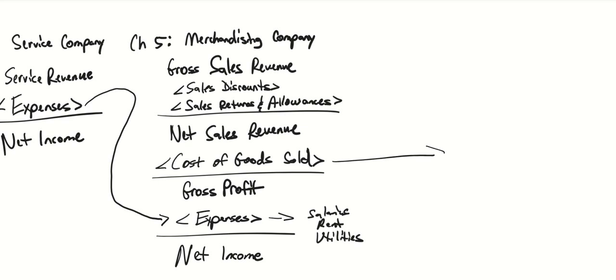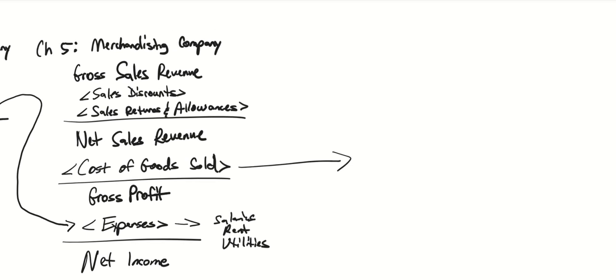Because cost of goods sold is an expense account, but that amount being recorded in the expense account is being transferred from an asset account called merchandise inventory or just inventory. Because when you acquire inventory, it comes at a cost. So once it's sold, it's going to get converted into the cost of goods sold account as an expense.